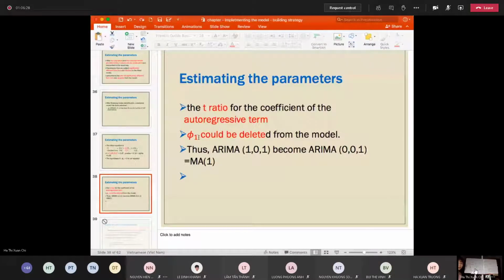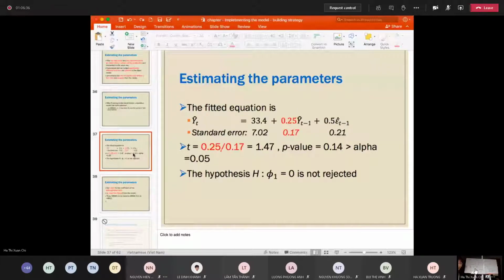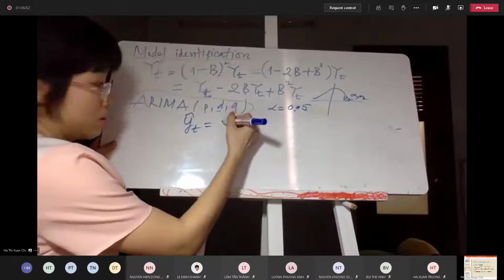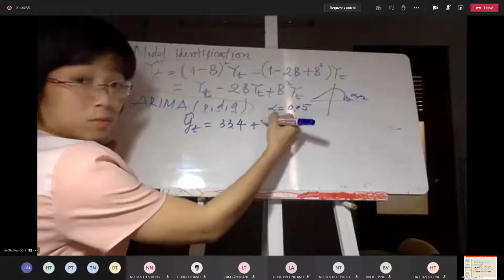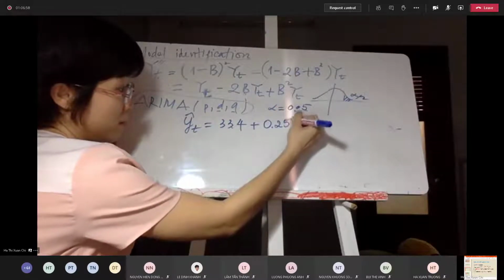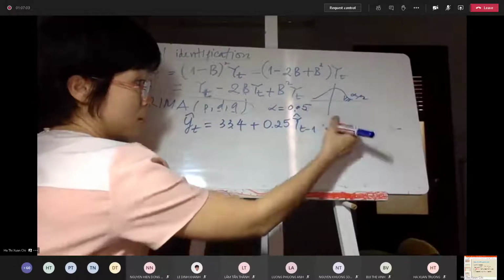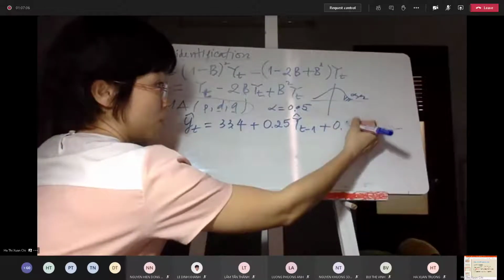So that is, we eliminate phi1. If you look at this, everyone, your model looks like this, plus 0.5.